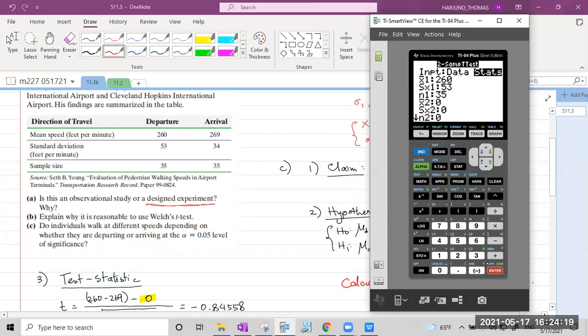The mean speed for the arrival is 269, sample standard deviation 34 and sample size 35. Okay, we are testing against two tails. And is it pooled? No, not pooled. And then calculate.